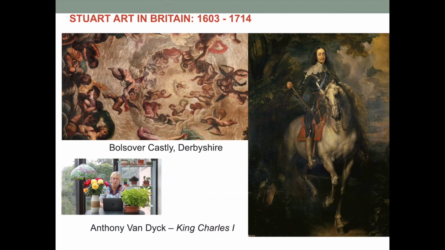After the Tudors die out, so Queen Elizabeth dies leaving no immediate heir, the new dynasty is invited to the throne. So the Stuarts, the Stuarts were the royal dynasty from Scotland. They were relatives of the Tudors through the female line and through marriage.